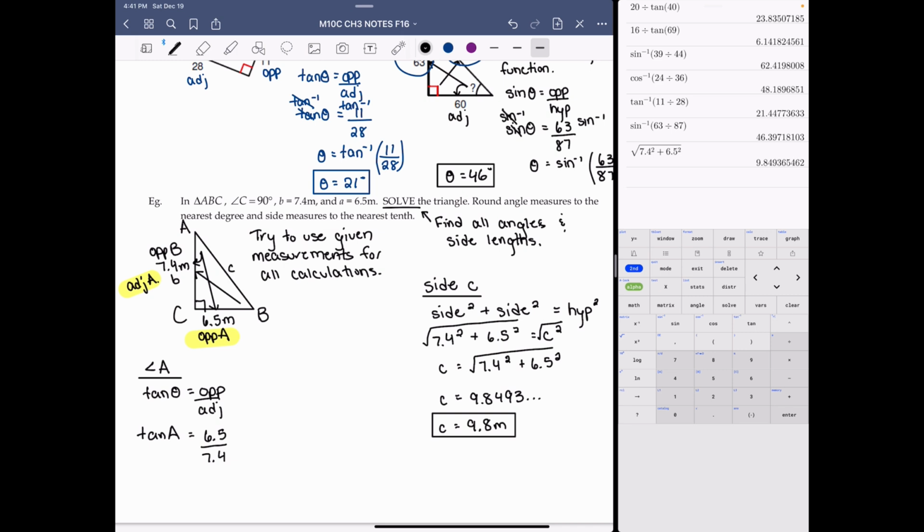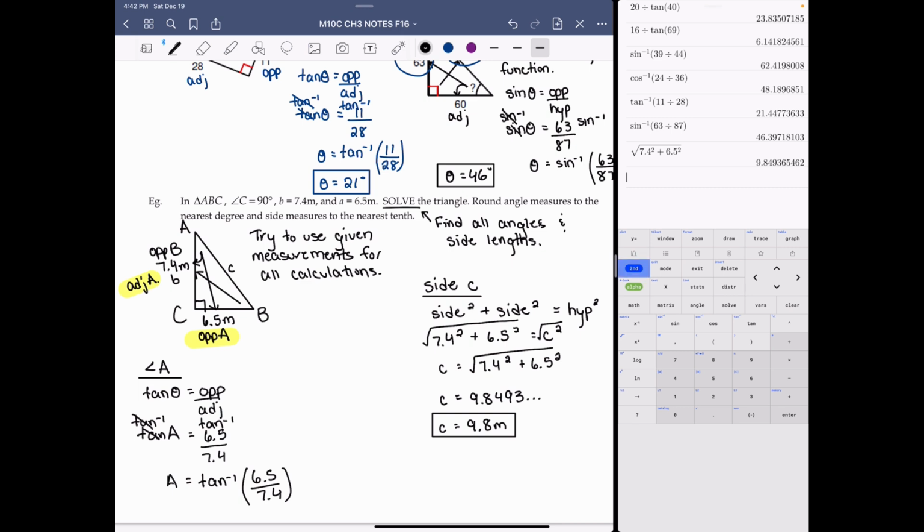We want A equals, not tan A equals, so do tan inverse on both sides. Then tan inverse and tan cancel out. We get A equals tan inverse of 6.5 over 7.4.